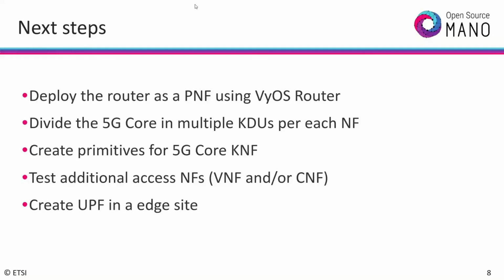That's why we have in the next steps testing additional access network functions, because currently gNBSIM is like having just one user attached to one gNB, but as we know, we have open source solutions that can allow us to test multiple users connected to one gNB and sending traffic. So that's the next step that we are considering for this deployment.